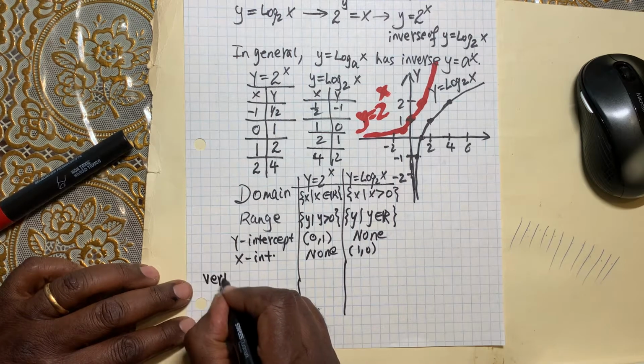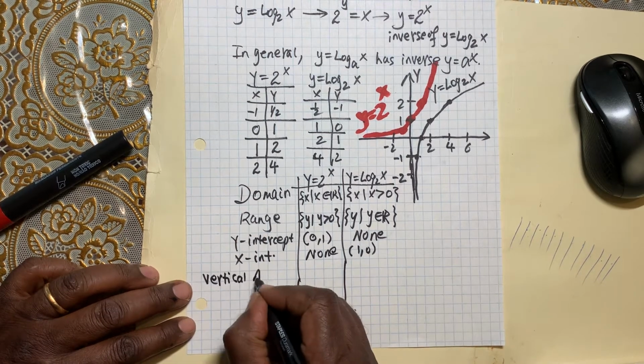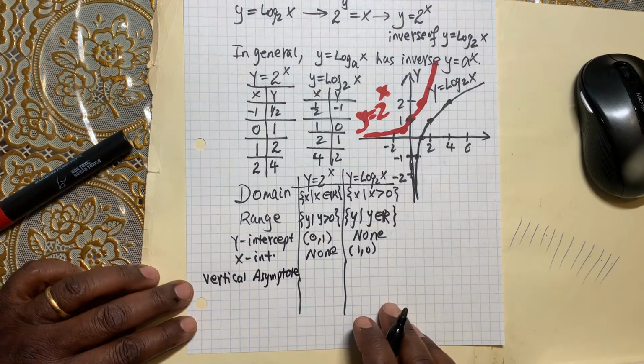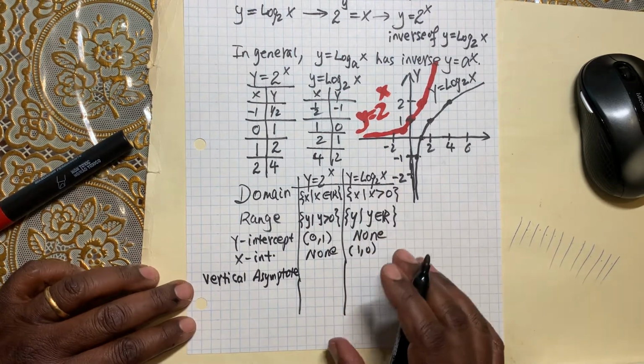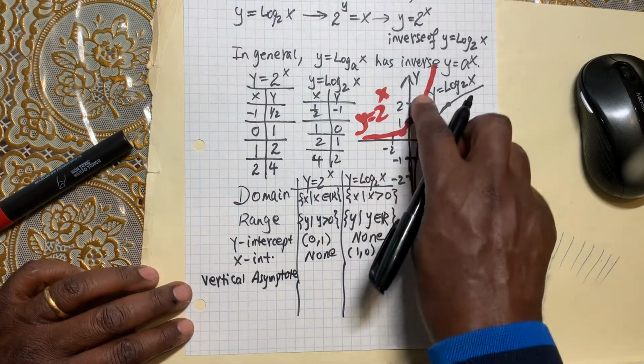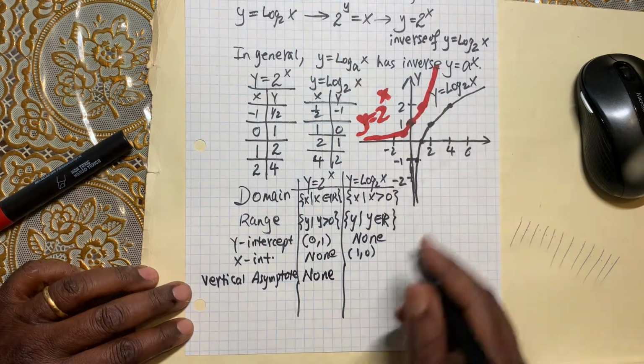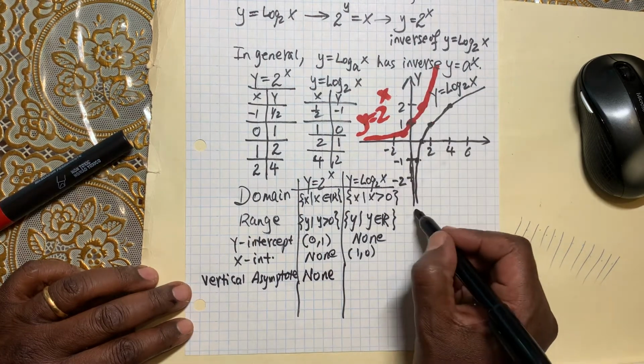Vertical asymptote. If you see the properties or the basic features of these graphs, vertical asymptote, none for the exponential. It doesn't have a vertical asymptote, but this one has a vertical asymptote, x equal to 0.